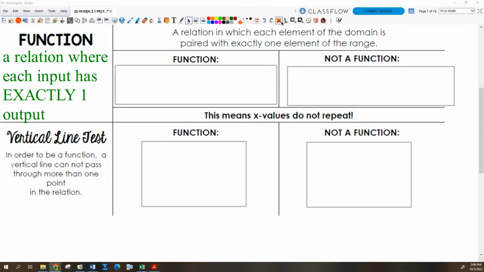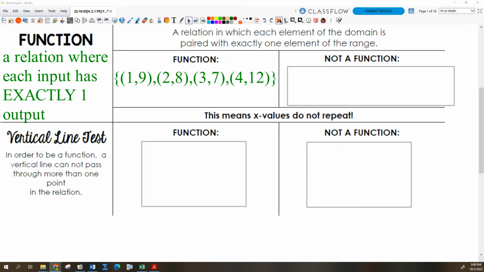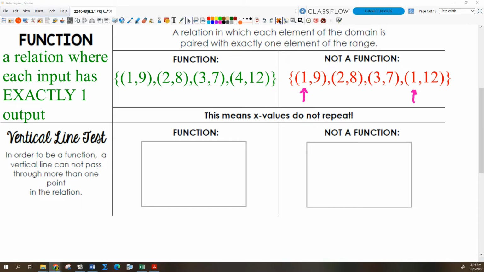I'm sure you're familiar with that idea from previous years. So here's an example. Here's an example of a set of ordered pairs that represents a function. Here's an example of a set of ordered pairs that represents a non-function. It's a relation that is not a function.